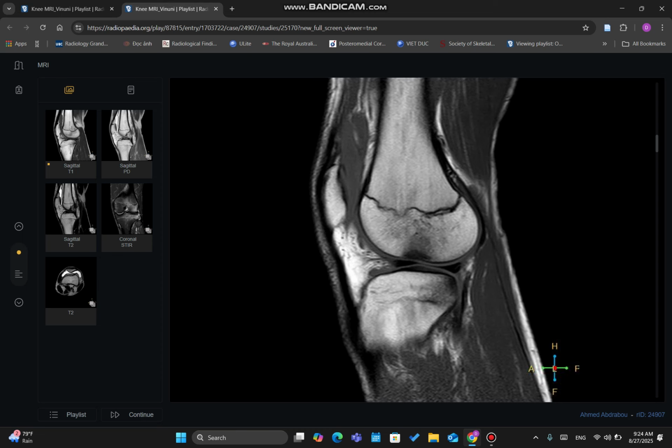It suggests anterior tibial translation, which means that the tibia has been shifted anteriorly and the posterior part of the tibia collided with the middle part of the femur, creating the kissing bone lesions. As I said earlier, this is a very suggestive sign of anterior tibial translation.